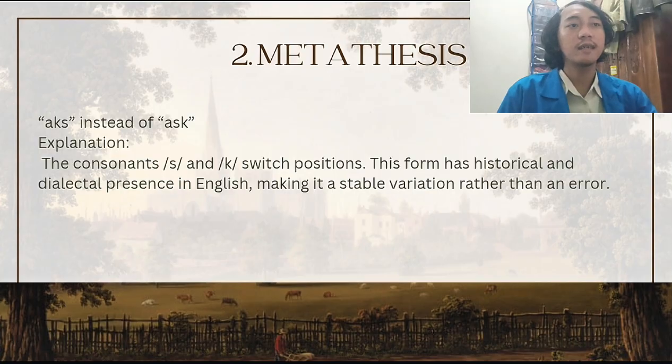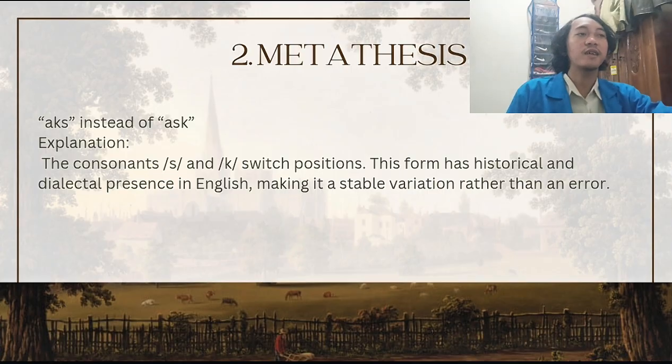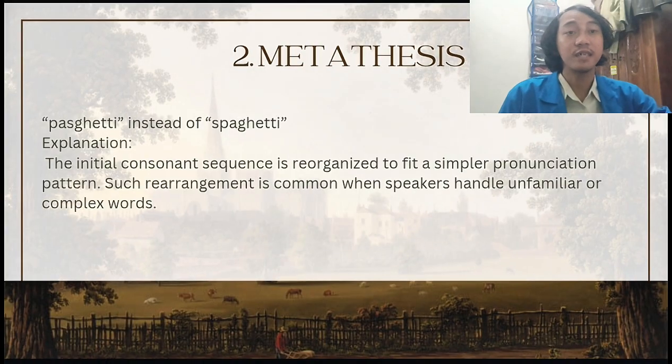Explanation: the consonants s and k switch position. This form has historical and dialectal presence in English, making it a stable variation rather than an error. The next slide, spaghetti instead of spaghetti.